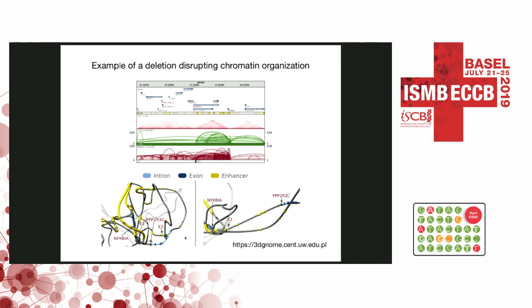Low resolution models can be built with our modeling method based on Hi-C maps, but you won't see individual loops. You will see a general chromosome structure, let's say.